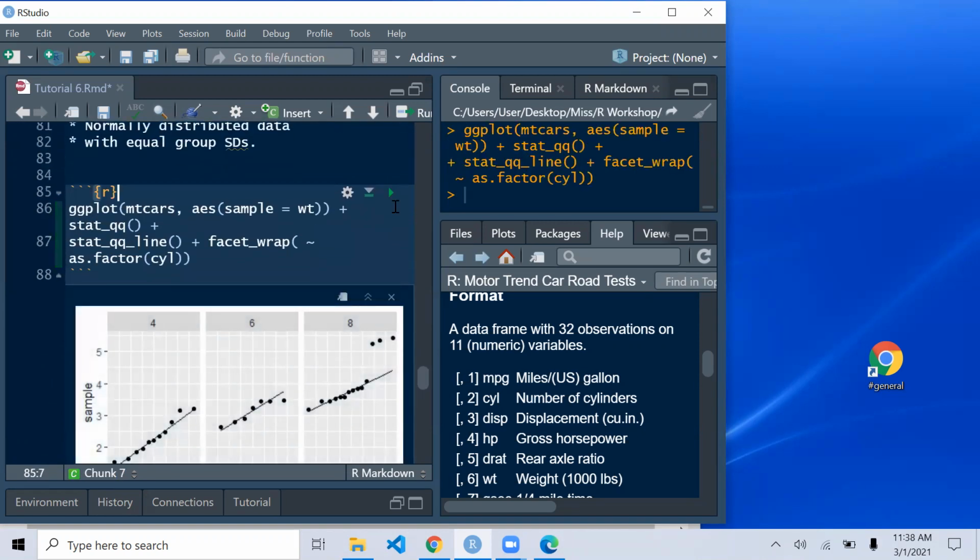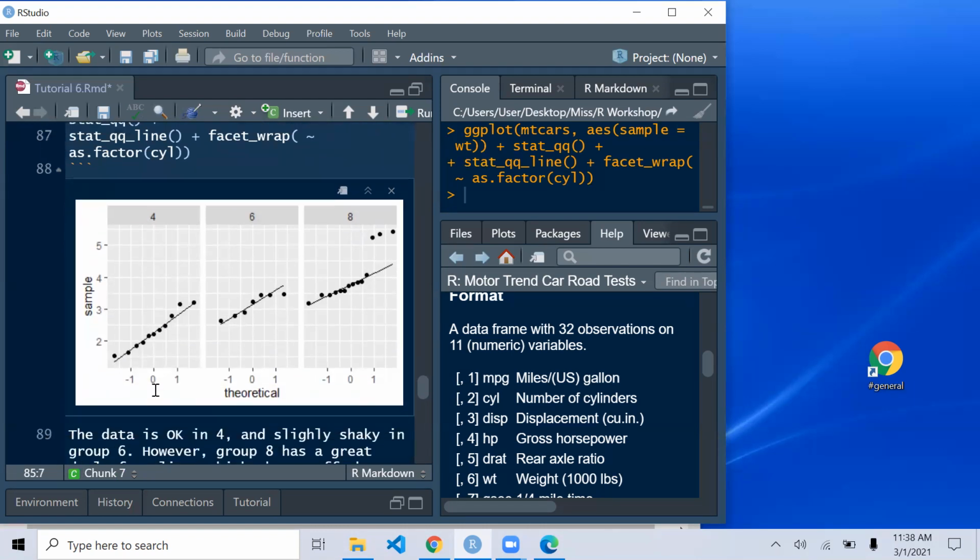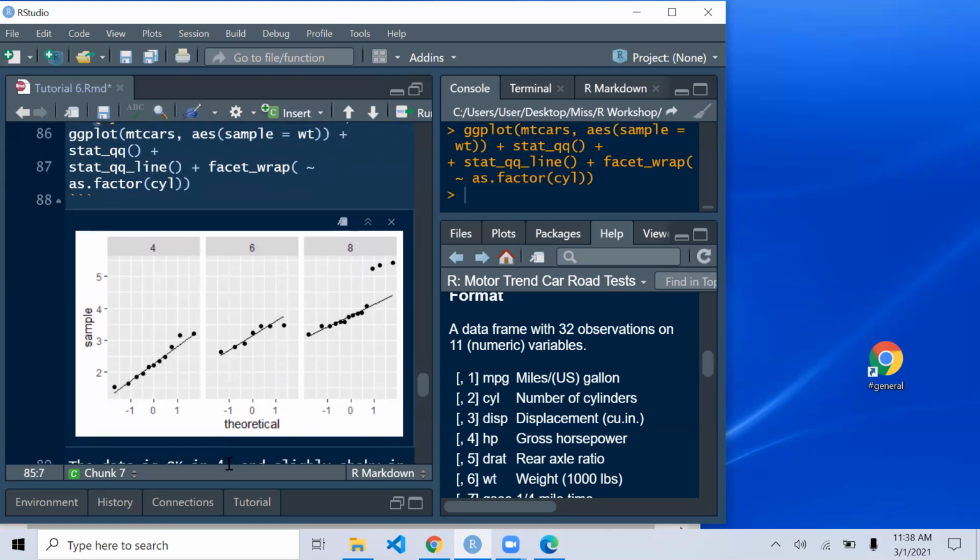Again, make sure you put as.factor of cylinder, like CYL, or it won't actually make sense because it thinks it's numerical. So you can see that it partitions, it takes them as categories instead of numerical values. But does anyone see a true issue with one of the data sets? I would claim that probably the data set that's most mimicking the normal data is data set 4.